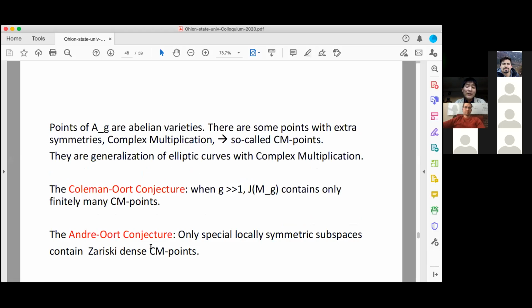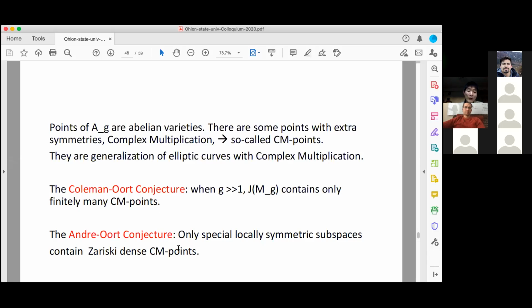And they are generalizations of elliptic curves with complex multiplication. The Coleman-Oort conjecture says that when g is bigger or equal than 1, the image, the Jacobian locus, contains only finitely many CM points. Okay, so they don't hit these special points too much.